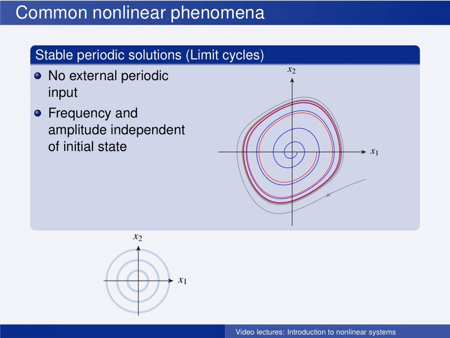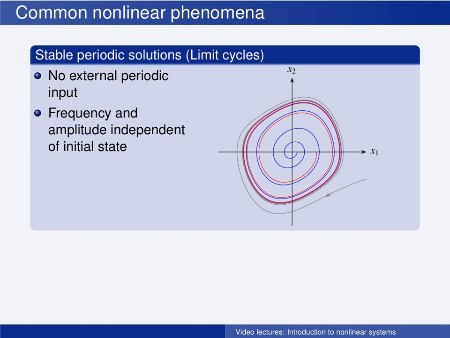But note that the amplitude of these oscillations was given by the initial value. If we started here, we would get the amplitude of this periodic solution, while if we started here, we would get another amplitude of the oscillation.